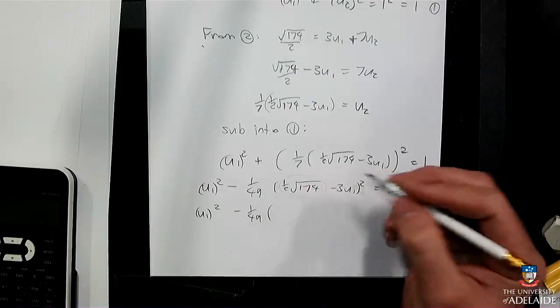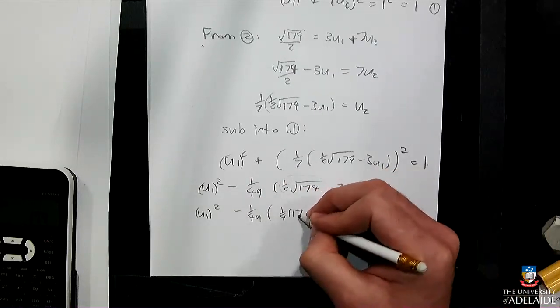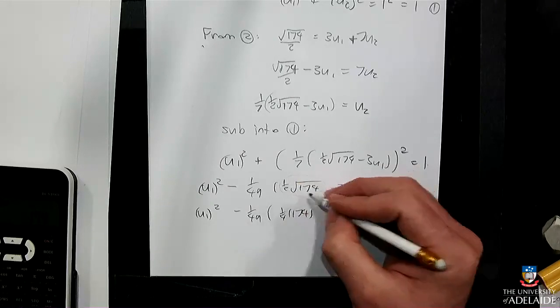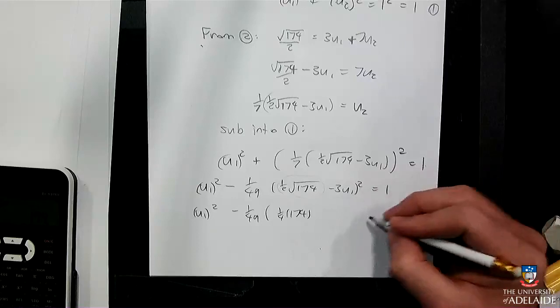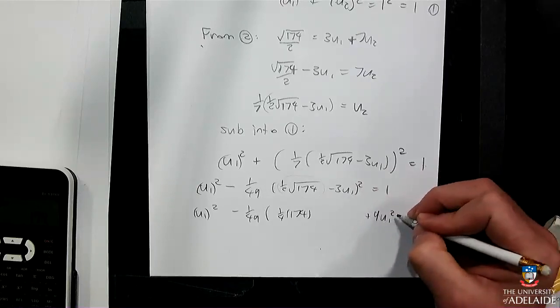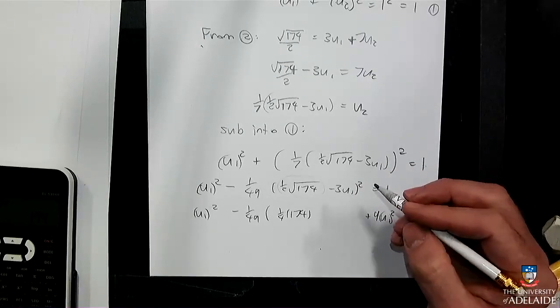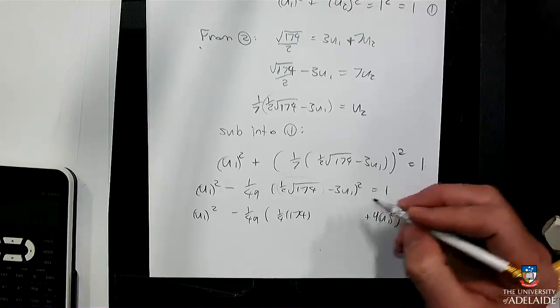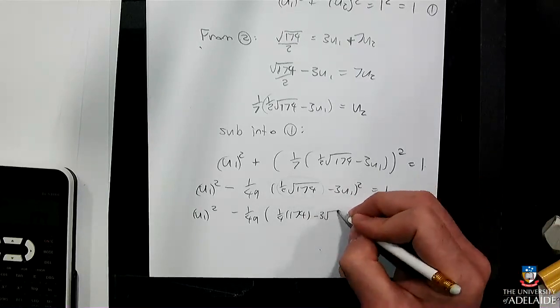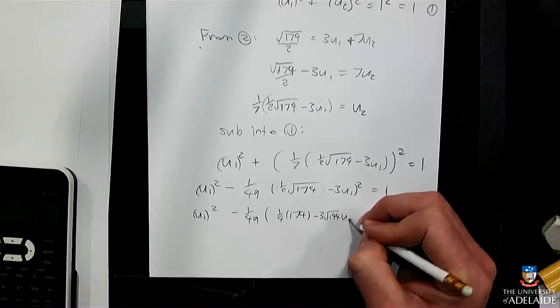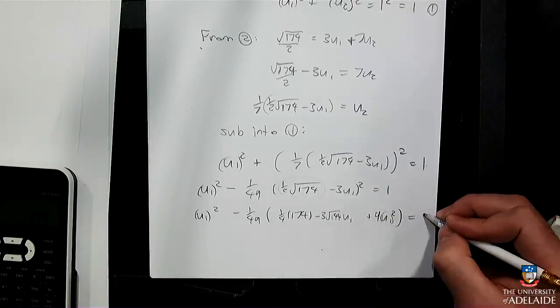Well, I guess I get this squared, which is a quarter of 174, like a half squared is a quarter and root 174 squared is 174. And I'll have this squared, which is 9u1 squared. And I'll have 2 times this, which would be minus 3 root 174 u1. And that's going to be equal to 1.